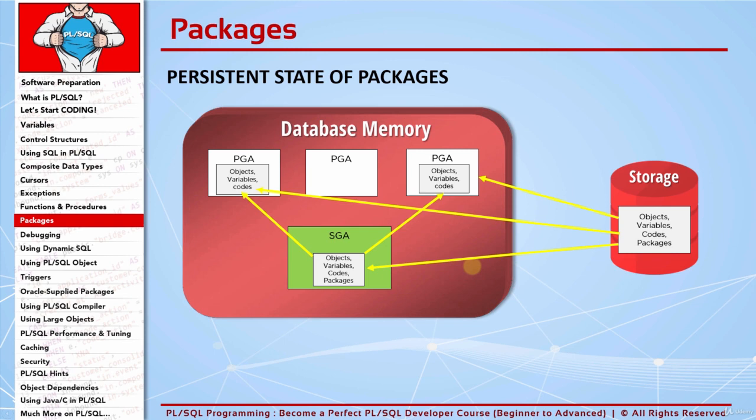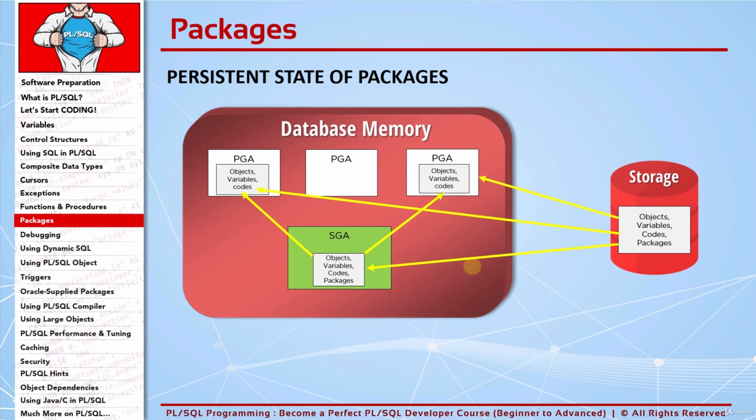We know that we have two types of memory areas in the database. The first one is the program global area or private global area, abbreviated as PGA, or user global area, abbreviated as UGA. These names refer to the same memory; they are just different names used by different people. This memory area stores the objects, variables, and code of a single user in a session.